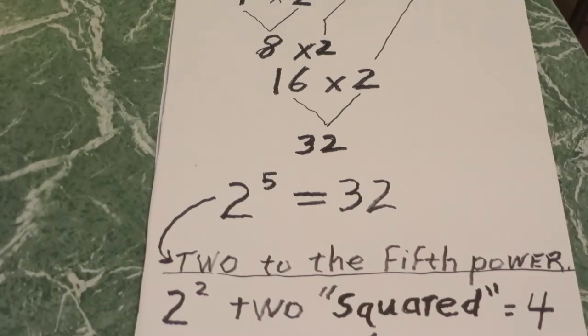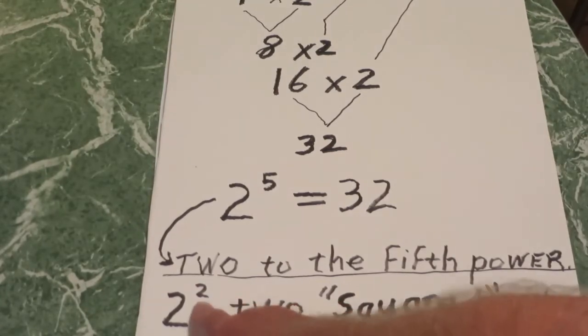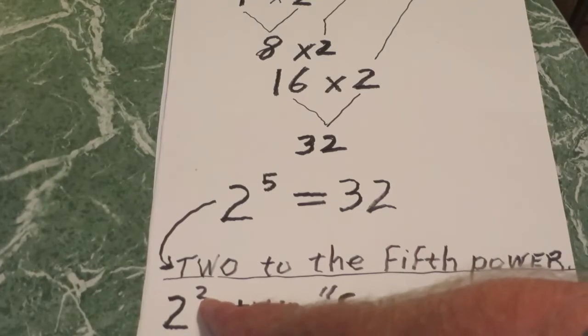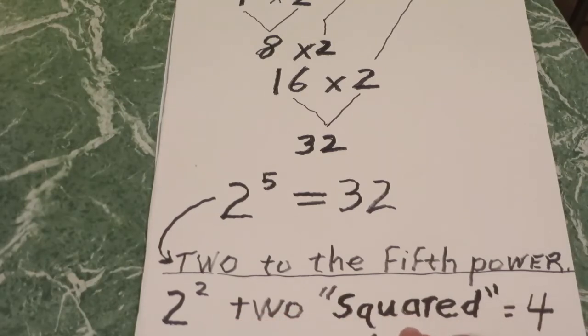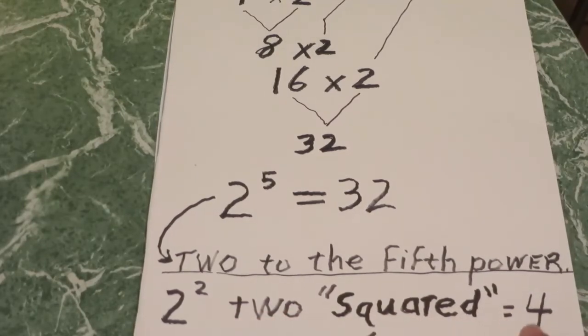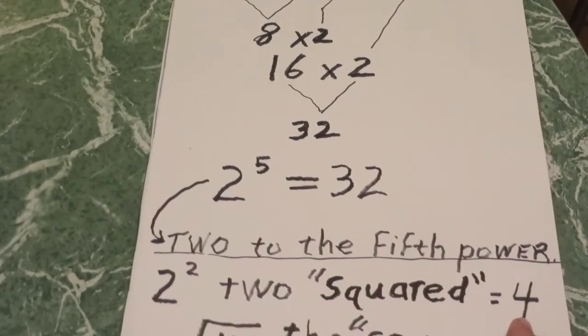But in any case, for the time being, 2 taken by itself twice, 2 times 2, would be called 2 squared, and is equal to 4. So you can see how that works.